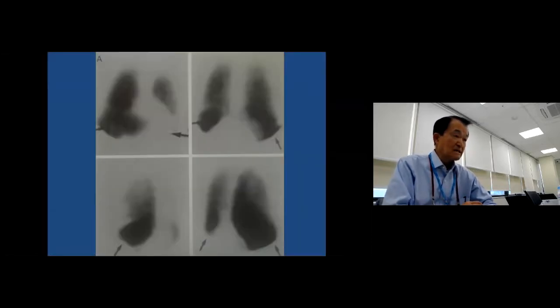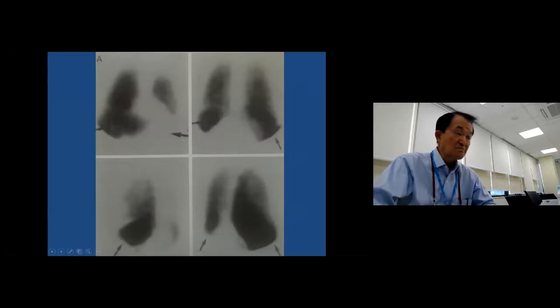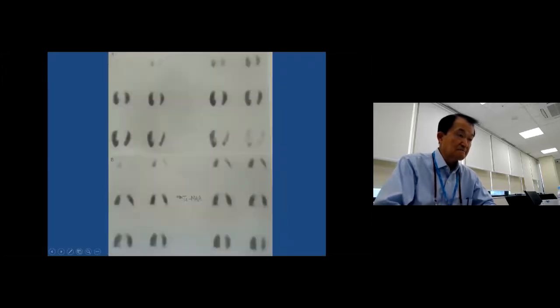Okay, and then sometimes, this seems to be a combination of lung and liver-spleen scan together.